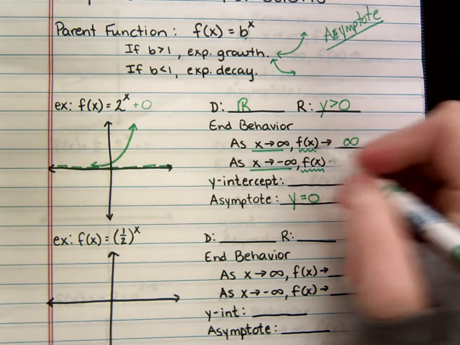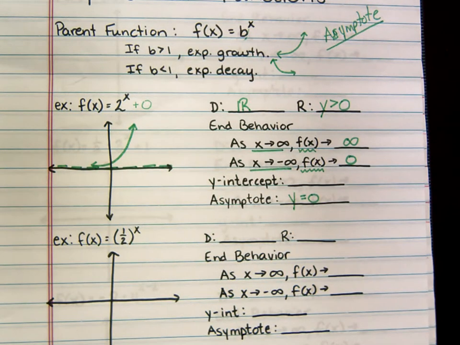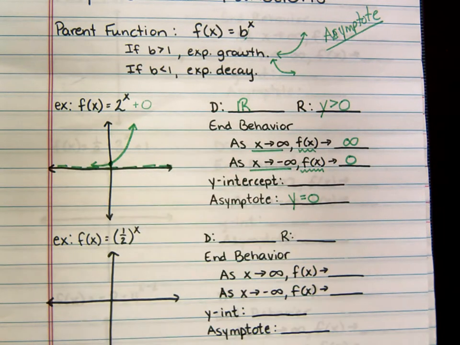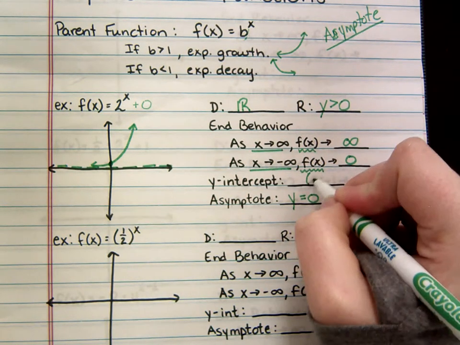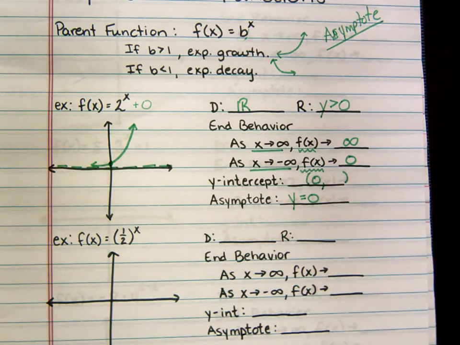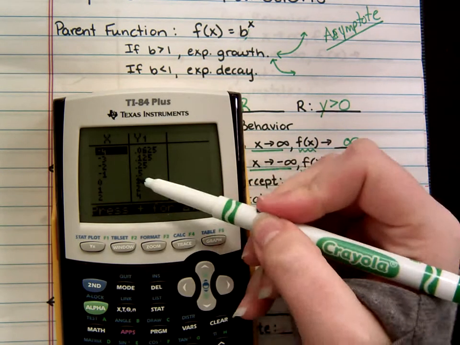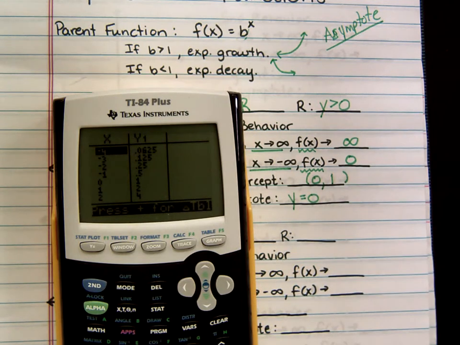Now, the y-intercept is a point. It's the point where your graph crosses the y-axis. So, it's the point where your x value is 0. And in this case, it crosses the y-axis at the point 0, 1.